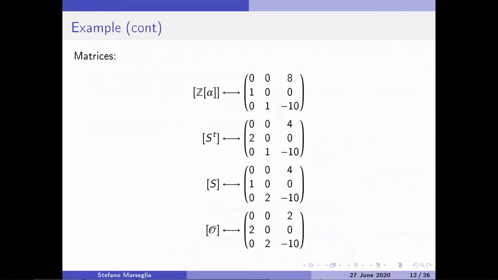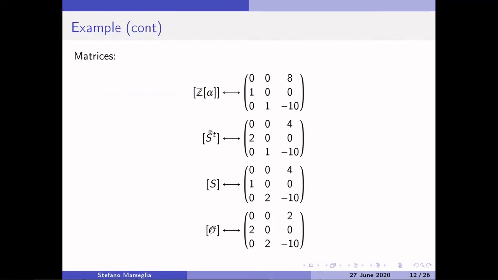And what about the matrices? Well, you follow the proof that I described a couple of slides before, and you get these 4 matrices. The isomorphism class corresponding to the monogenic order will correspond to this matrix. This is actually the companion matrix of the polynomial defining the field.